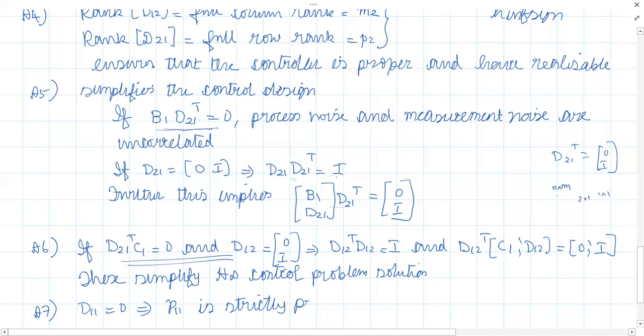What's the problem here? Yes, you tell me what's the problem here. So that matrix multiplication, how can it happen? See, we can say it is a 2 cross 1 thing, right? Yes, sir. And what is the order here? This will be D21 transpose.